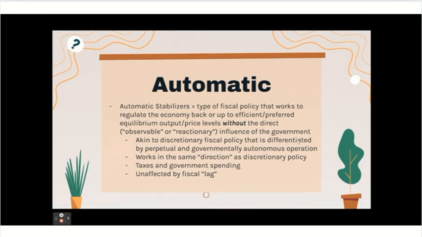And one thing to note is that it will always work in the same direction as discretionary policy. So, with that same analogy with taxes, if someone is working towards reducing the money supply, contracting this excessive economic activity, the automatic stabilizer of taxes is going to do that.